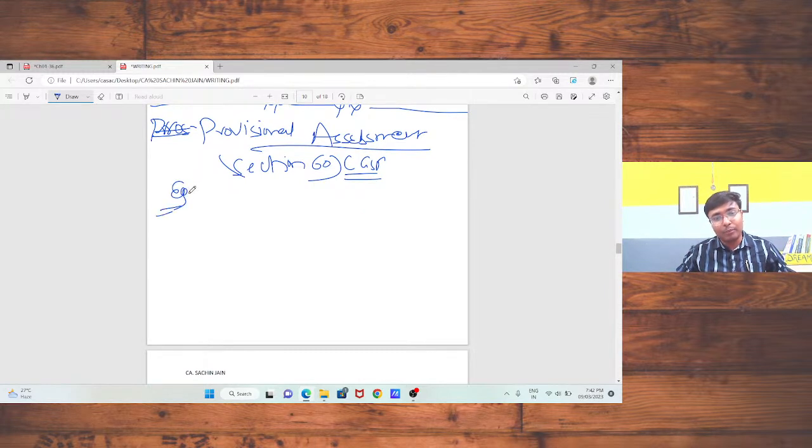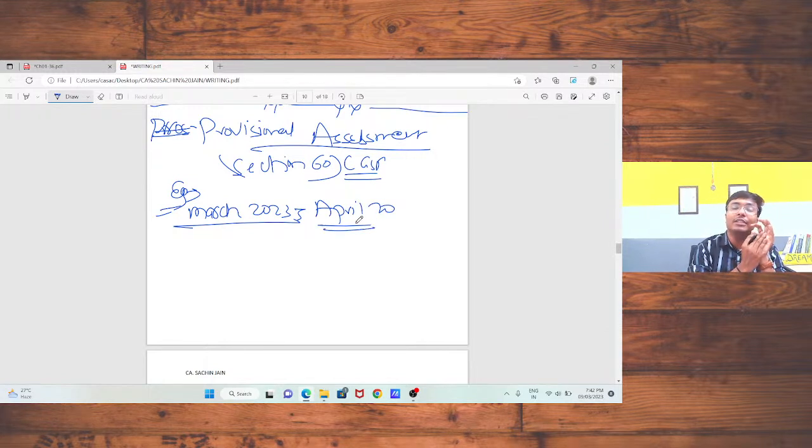From an example, I am going to clear the situation of provisional assessment. While filing my GSTR 3B return of March 2023, the filing date is April 20th, because the due date for filing GSTR 3B is the 20th of the next month.